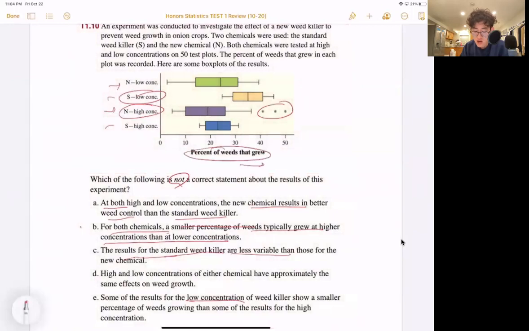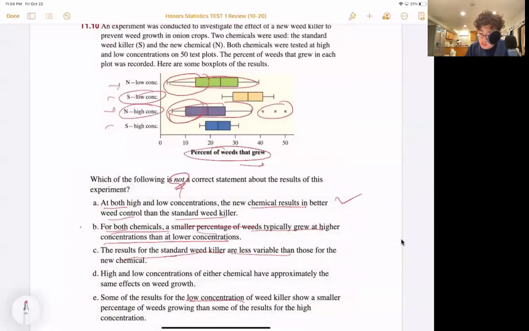If I have a higher percent of weeds that grew, that's not a good thing for me, right? For me, it seems like the new chemical has a lot of the data set on the lower end, which proves to me that this new chemical kills a lot of the weed that's growing, so the percentage is actually going down. So this is actually true. But remember, we're looking for the sentence that is not actually true.